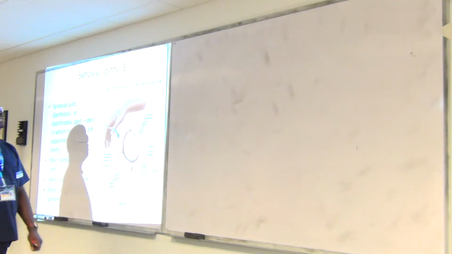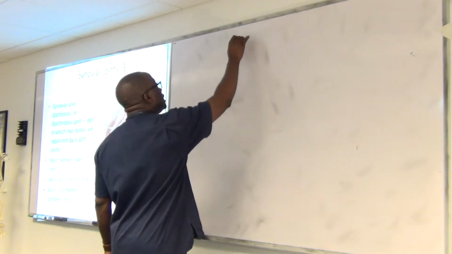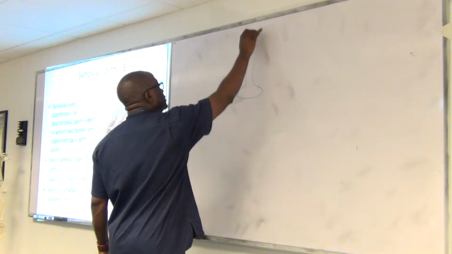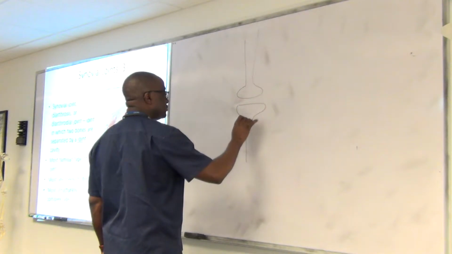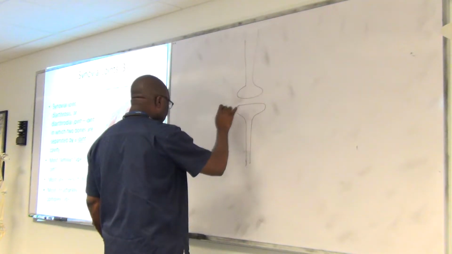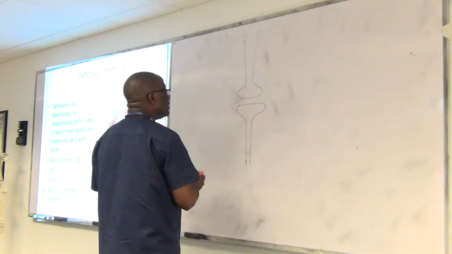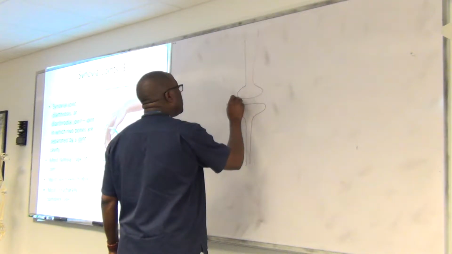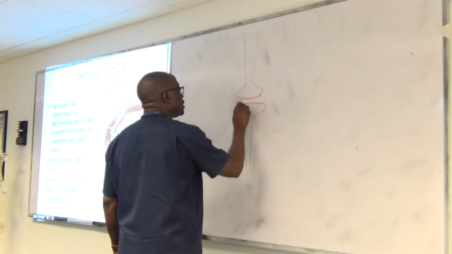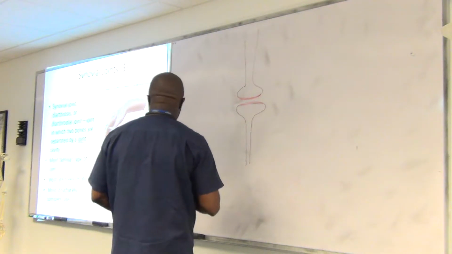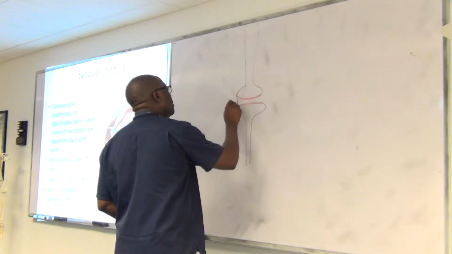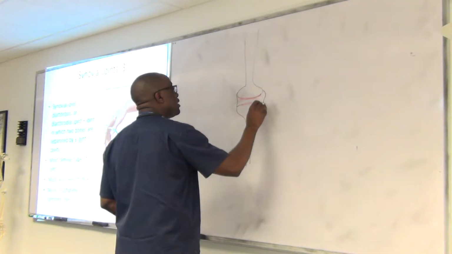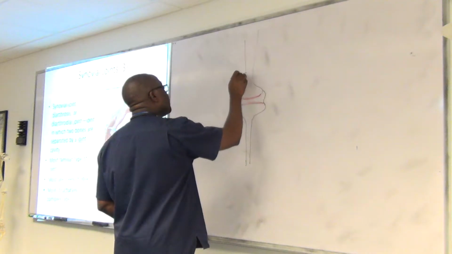So let's take an example. Let's say we have this joint this way. You all know what I'm drawing, you're pretty used to it now. So we have the articular cartilage. Then we have what we call the synovial membrane, which binds them together. Then we have our good old what?